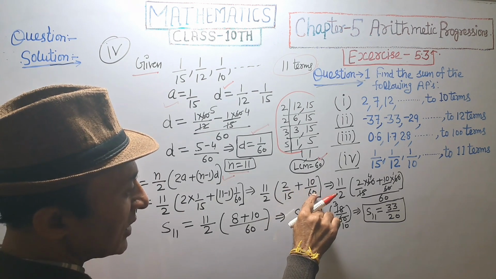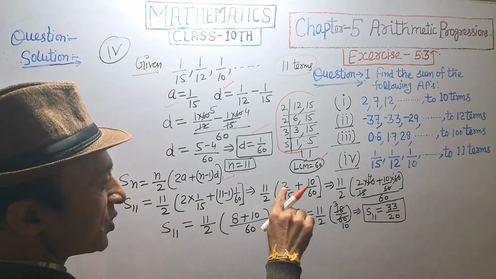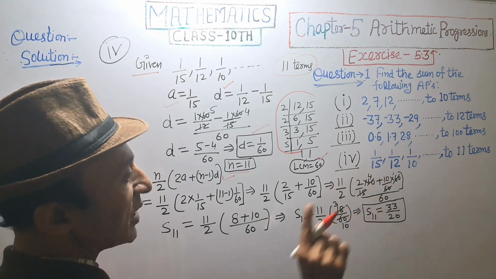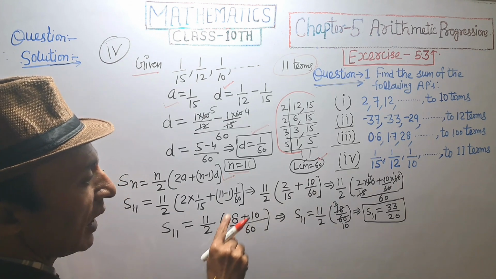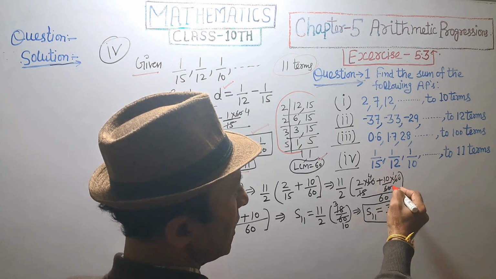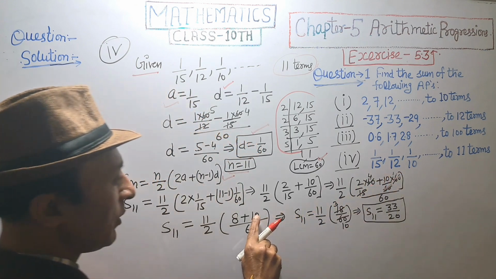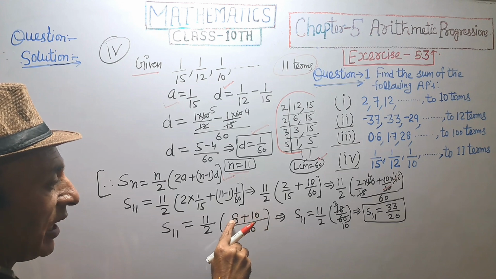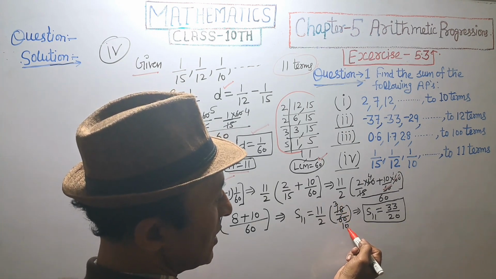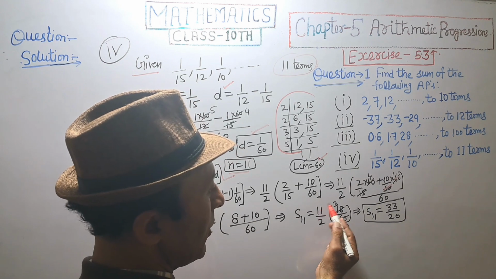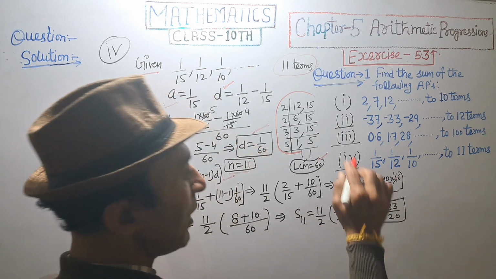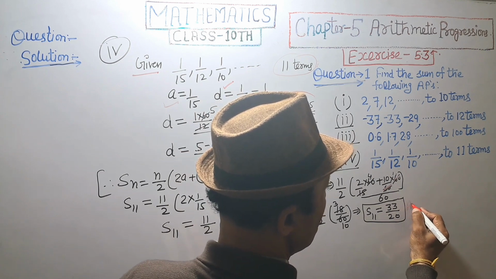The LCM of 15 and 60 is 60. 2 multiplied by 60 divided by 15 is 8, and 60 multiplied by 10 divided by 60, the 60 cancels, leaving 10. So 10 plus 8 is 18 divided by 60, and 6 3s are 18, 6 10s are 60. 11 multiplied by 3 is 33, and 10 multiplied by 2 is 20. So S11 is equal to 33 upon 20.